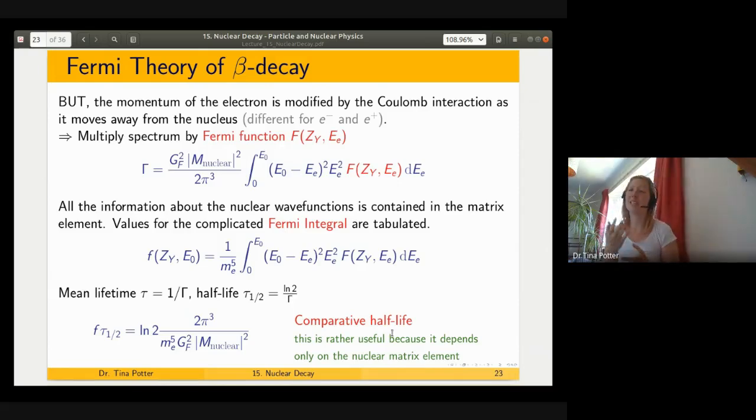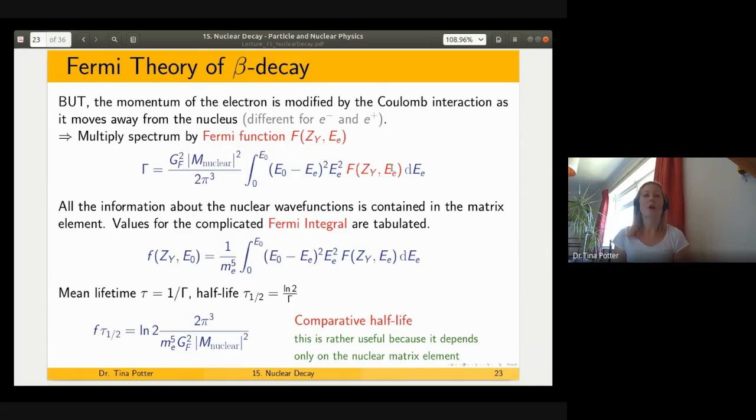So we can take this into account. We can plug this into our decay rate that we just calculated as a Fermi function that's going to depend on the charge of the daughter nucleus, and on the energy of the electron as well. So it's very much a function of the density of final states. It's where we need to include it.